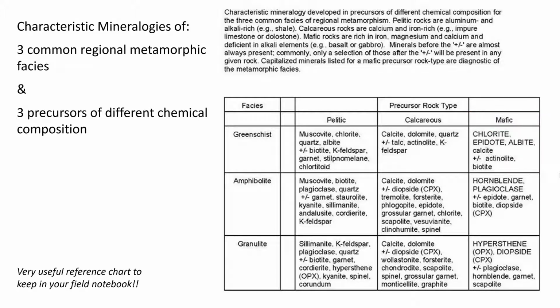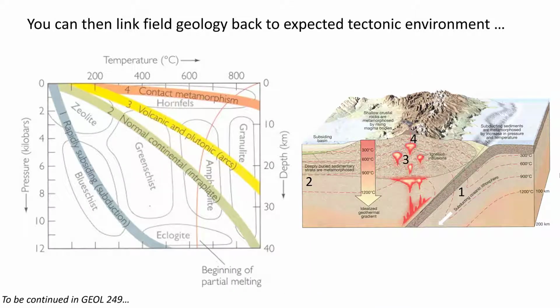On the facies, we have greenschist, amphibolite, and granulite facies, and in each of these boxes, you can see what are the minerals that are almost always present and sometimes present in these combinations of precursor rock types and metamorphic grade or facies.